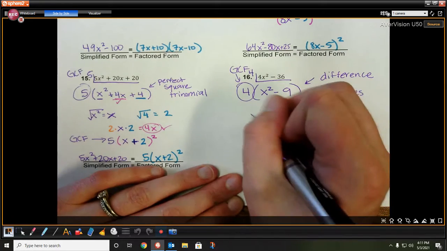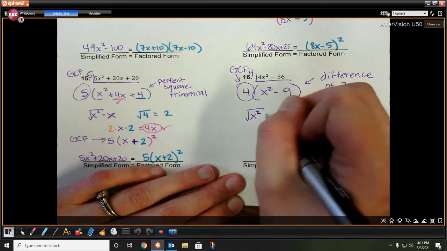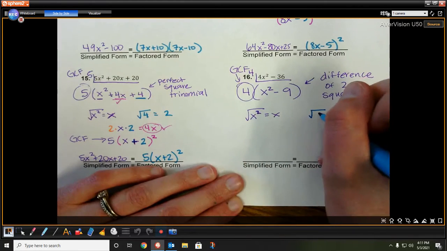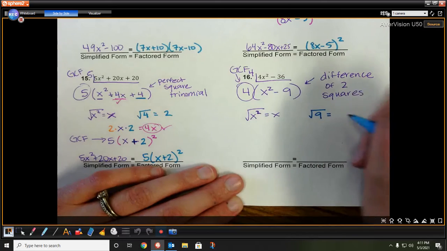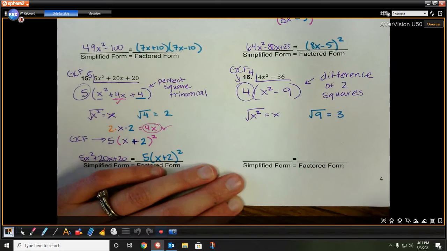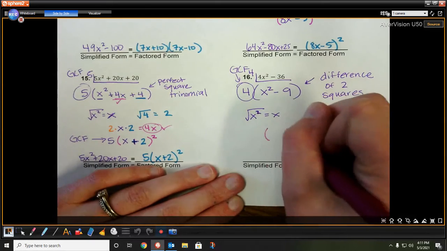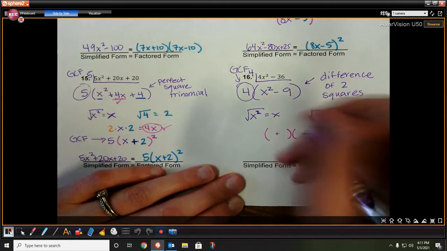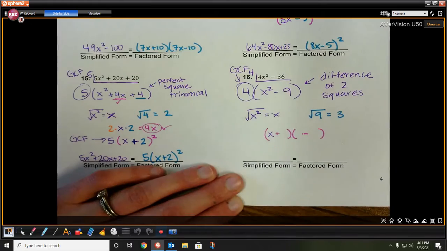So we look here and we say, okay, well, the square root of my first term is x. The square root of my last term is going to be 3. So if I was going to write this out, we would say, ooh, I'm going to do it in pink. We're going to have a plus and we're going to have a minus. So this becomes x plus 3 and x minus 3.